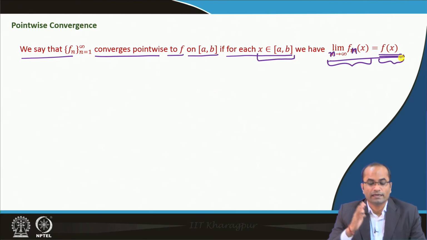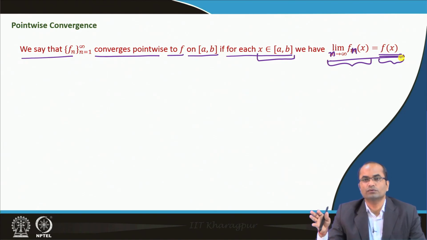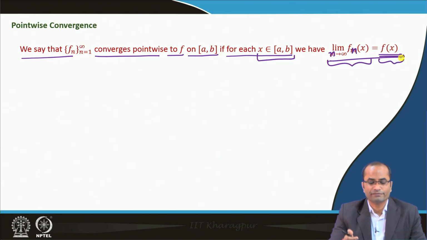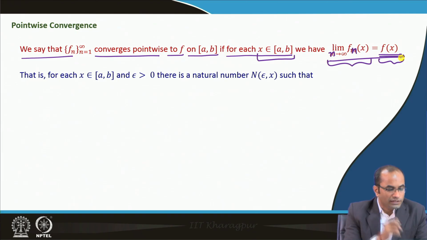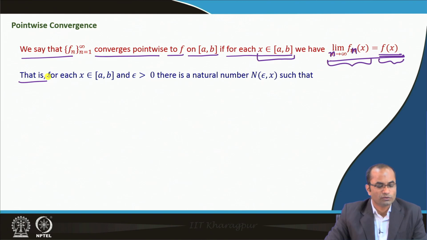Once we fix x, f_n(x) will converge to f(x). Definitely, pointwise convergence implies convergence in the mean square sense which we just discussed. Now we give the more formal mathematical definition.